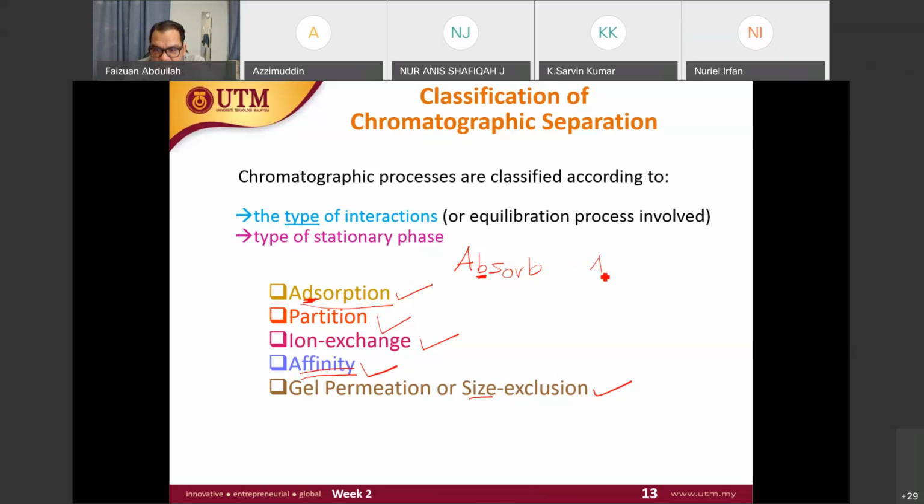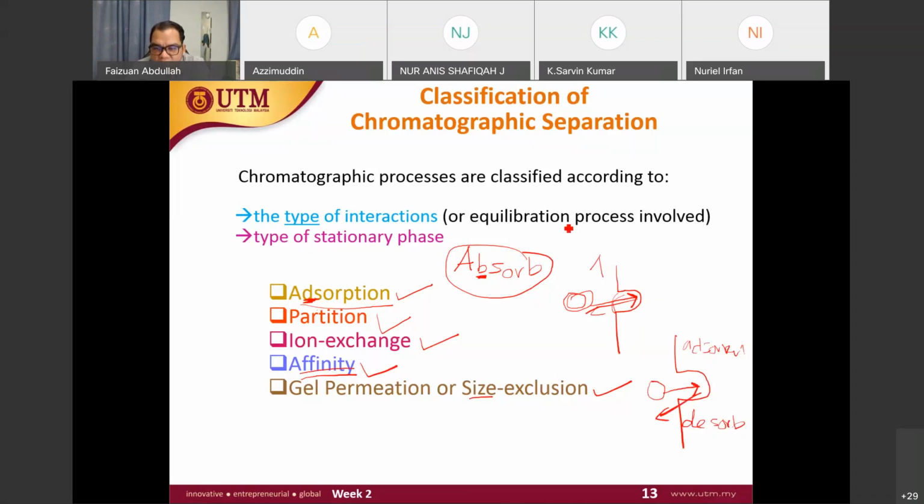Absorb, okay, is forever attached. Okay. Let's say we have a compound here and we have an absorbent here. When it is being absorbed, with B, it will be forever here, absorbed. Cannot be released out. But if the word is adsorb, the compound can be there in the adsorbent and can be dissolved, can be released out.